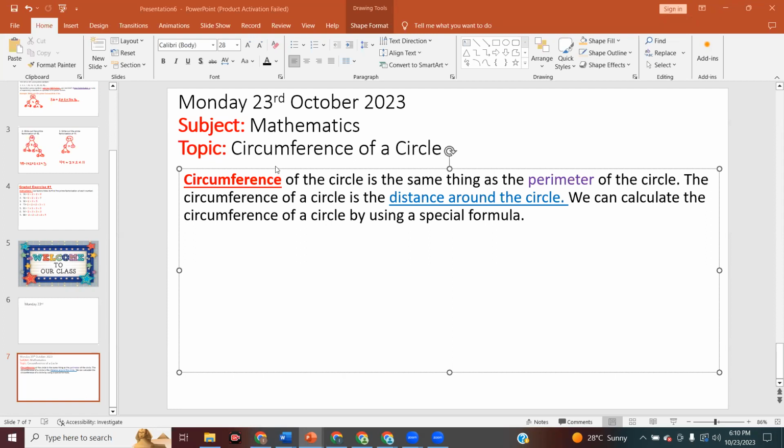All right, so the formula for the circumference, by the way, write this down in your book, please.